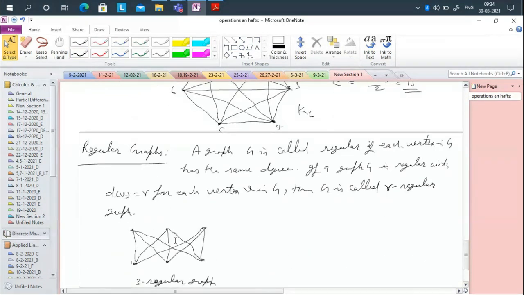Yes or no? Because each pair of vertices is not adjacent. This vertex and this vertex are not joined. So a complete graph is always regular, but the converse is not true. Yes or no?